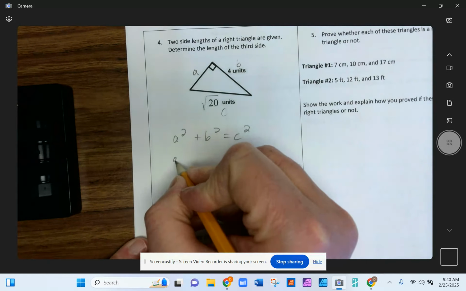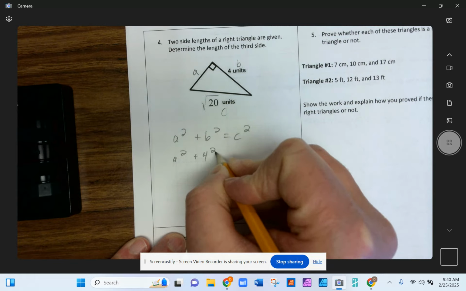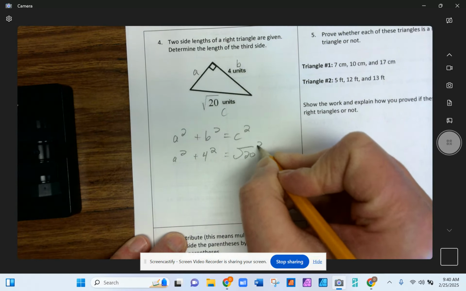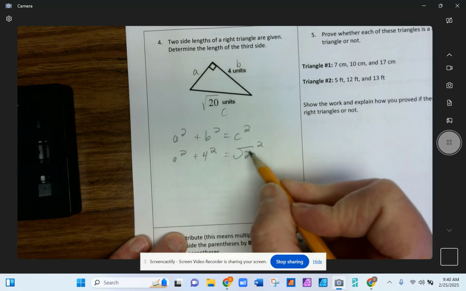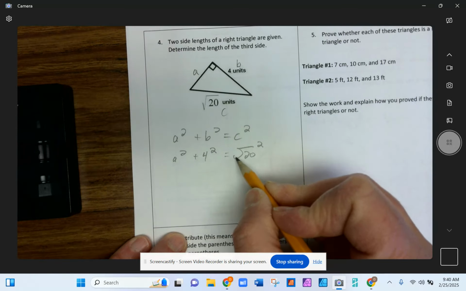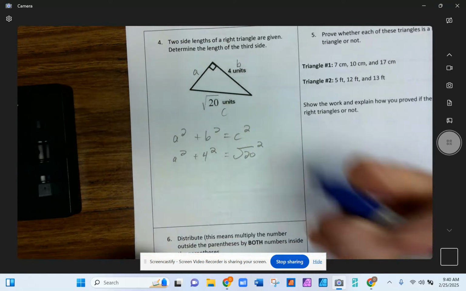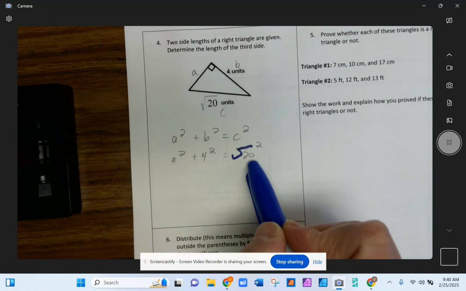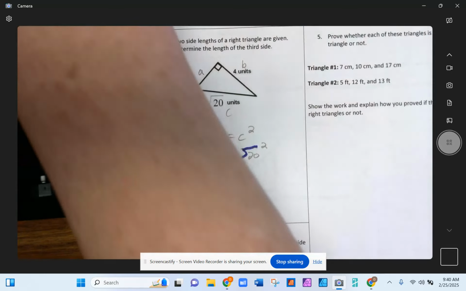So when we plug these in, it's going to be A squared plus 4 squared, that B is the 4, is equal to the square root of 20 squared. Now, normally, if this square root symbol weren't here, it would be 20 squared, which would be 20 times 20, which would be 400.